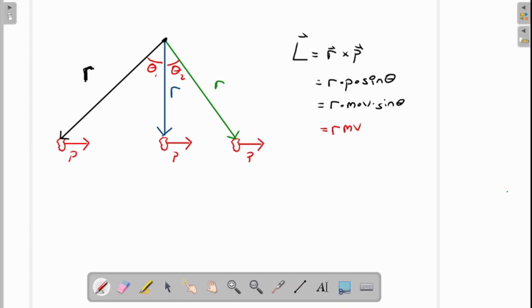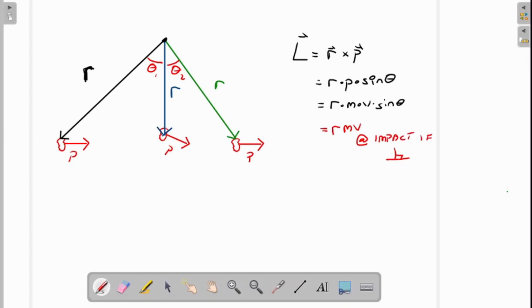I wasn't lying. If it happened to have hit at an angle, I could find the angle between the two of them here and plug in my theta. As long as it's hitting at the moment of impact, r times mv sine theta, where theta is the angle between them, will give us the angular momentum of just that point.